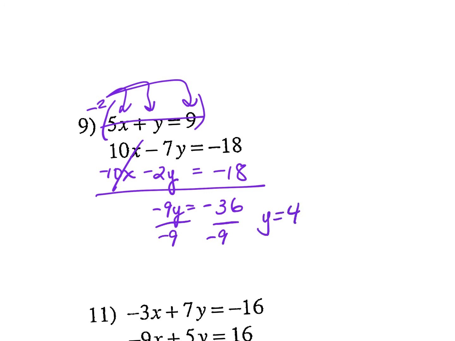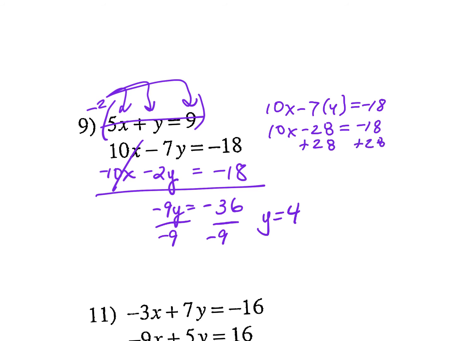4. Now I'm going to take 10x minus 7 times 4 equals negative 18 and solve. 10x minus 28 equals negative 18. Add 28 to both sides. 10x equals what? 10.